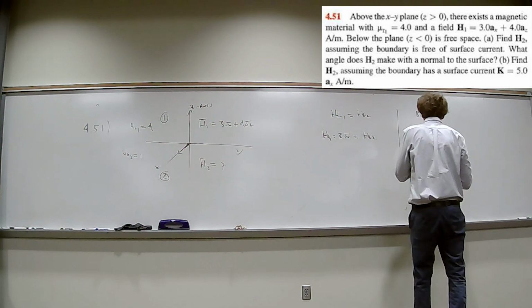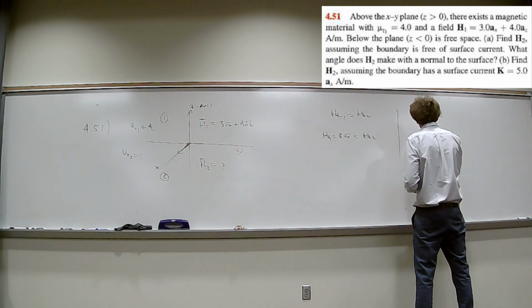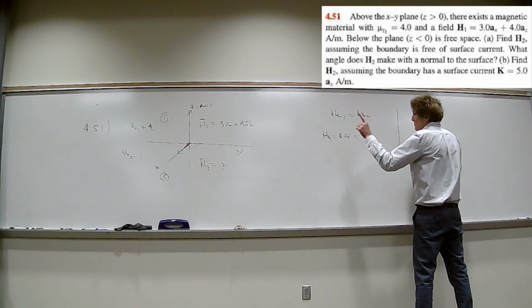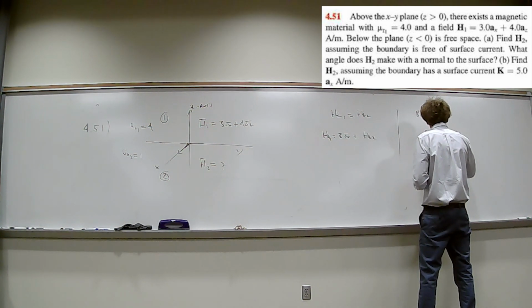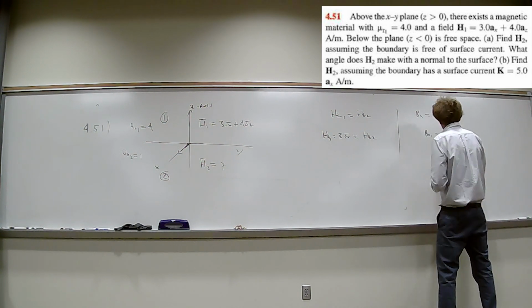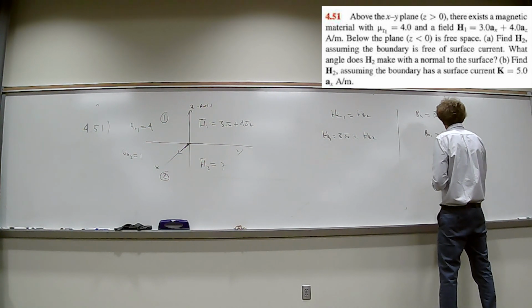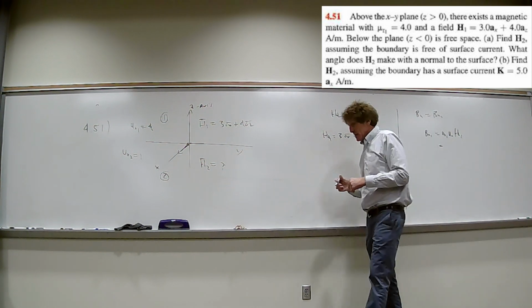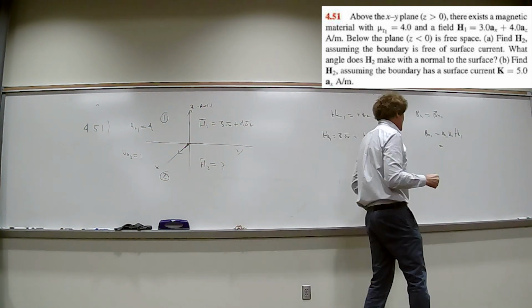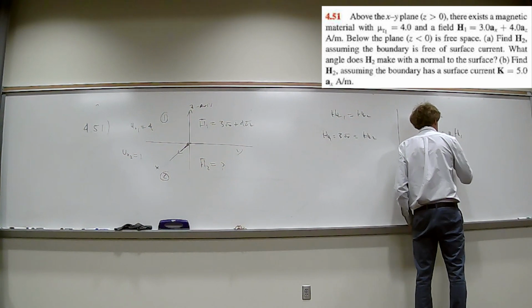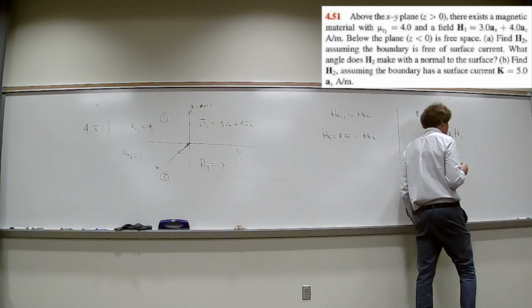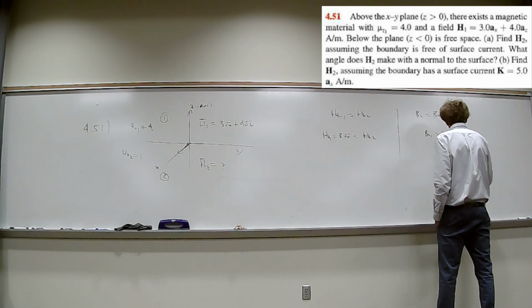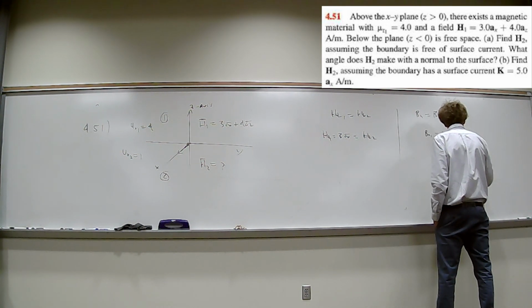So that means B normal in region 1 would be equal to mu relative in region 1, times mu 0 times H normal in region 1. I'm just writing this down. We know mu relative is 4, right? Mu 0. H normal in region 1 is 4AZ times 4, and it'd be AZ.